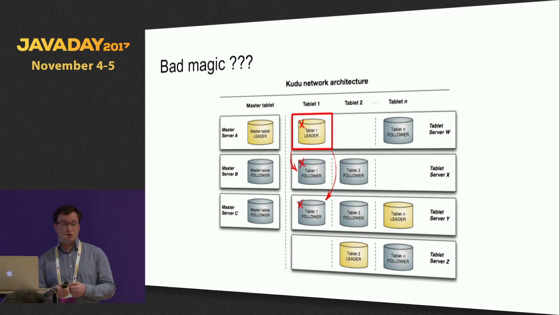In my case, it was the leader. So what they implemented inside the code is that they stop this leader entirely and move the leader role to another tablet, a follower. In my case, there were no followers, that's why it was bad for me.